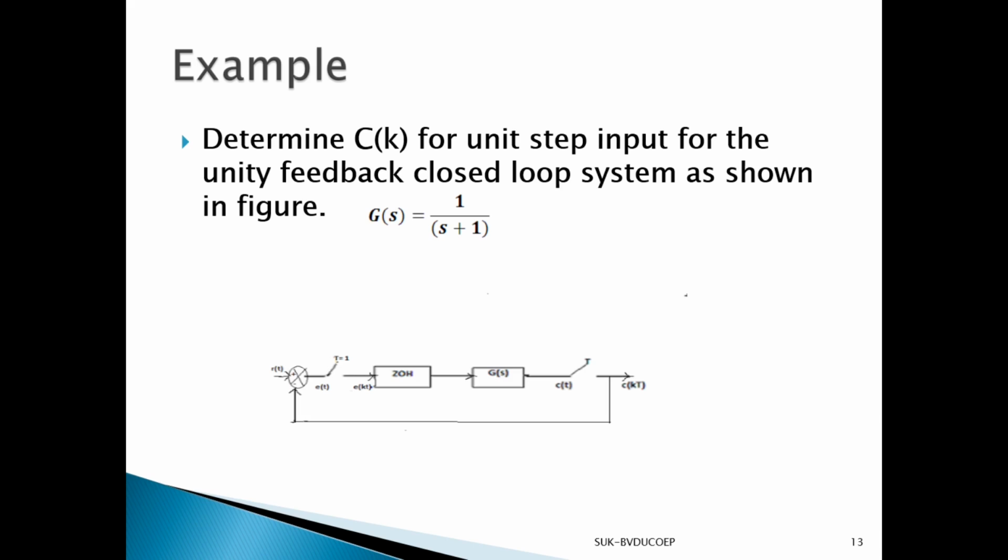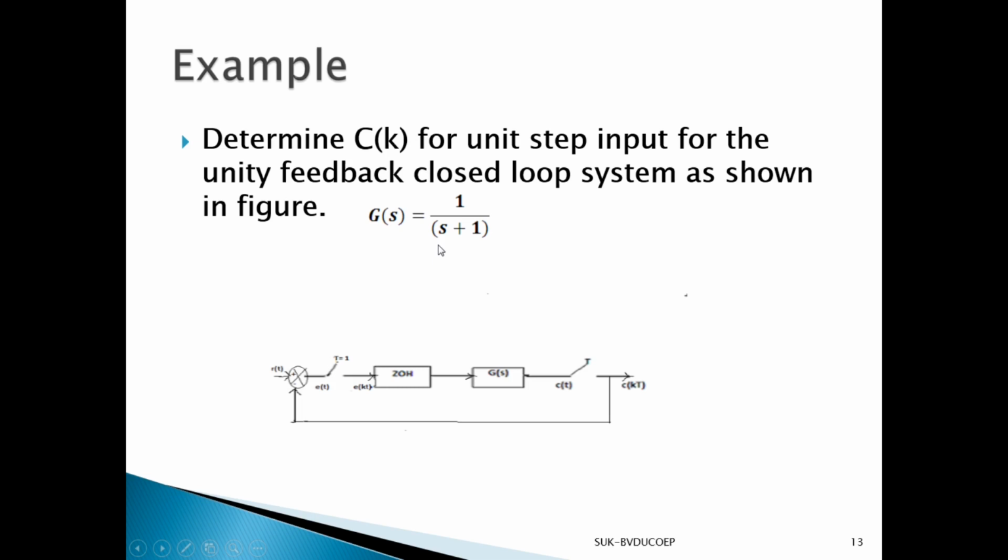With the digital controller means there is a zero order hold system, and we are interested in what is the output when I give the input. Generally in a continuous time system, you give the step response and we ask to find out what is C T. So here we have given the transfer function and the step input, but there is a sampler. So then we have to find out what is the output C K.